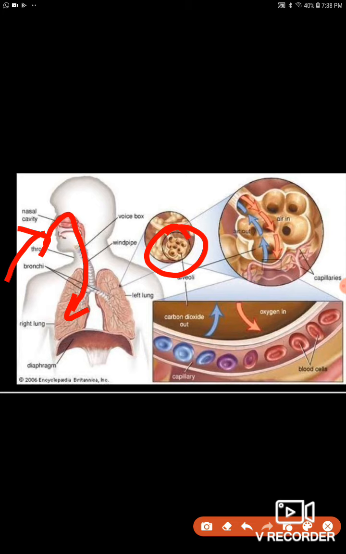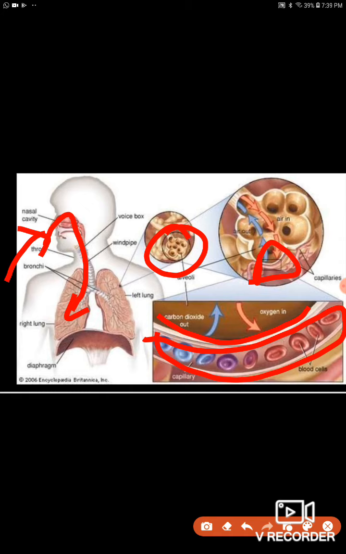These alveoli are surrounded by capillaries, and the capillaries have RBCs. This surface, where the alveolar surface meets the blood capillary, is called the respiratory surface.